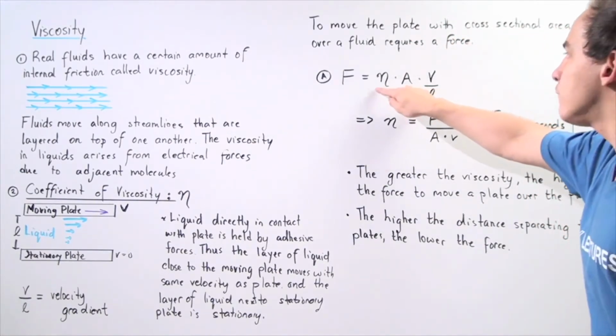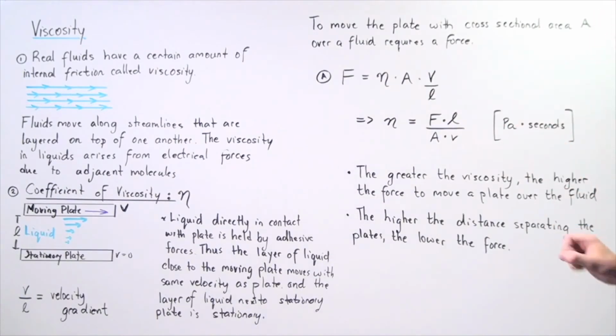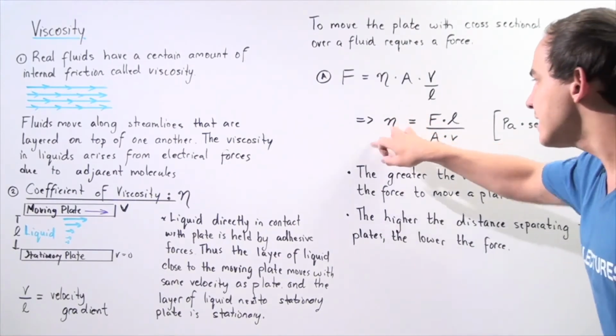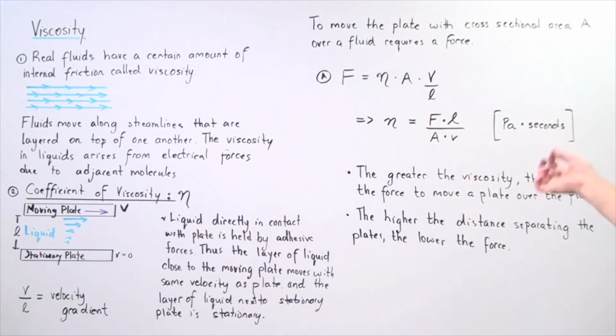Now, if we solve for the coefficient of viscosity, we get the following result. So we see that the coefficient of viscosity has the unit pascals multiplied by seconds.